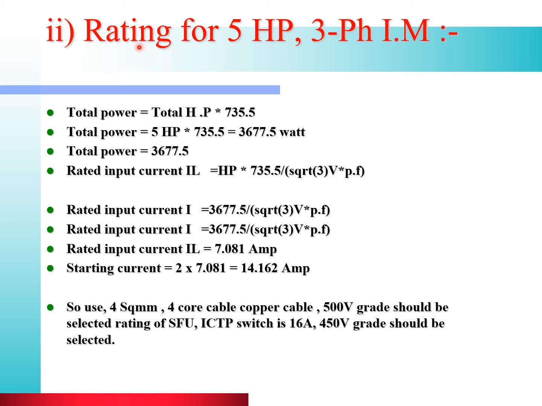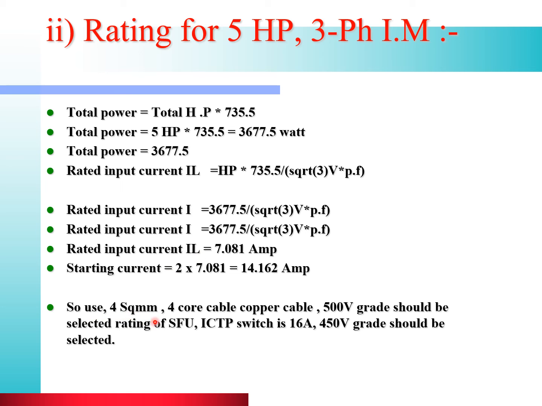Similarly, the rating for the 5 horsepower 3-phase induction motor is calculated by the same formula. Here in place of HP you have to write 5 HP and the rest of the calculation is the same. First you have to calculate the rated input current, and from that you have to calculate the starting current, and from the starting current rating as per the NEC table you have to select the cable.